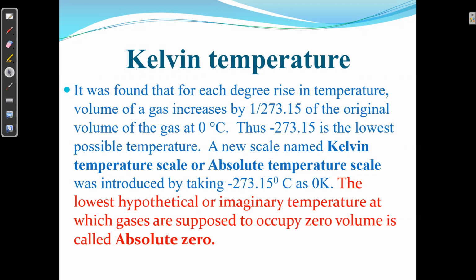Similarly, if temperature decreases by 1 degree, the volume also decreases by 1/273. So compiled, at every 1 degree Celsius temperature increases or decreases, the volume of gas also increases or decreases by 1/273 of its original volume at 0 degrees Celsius.